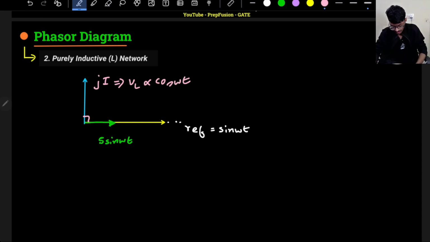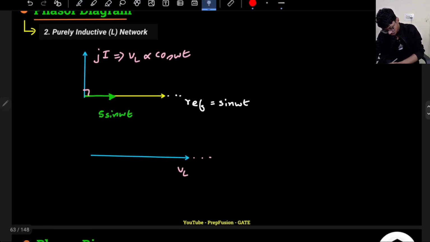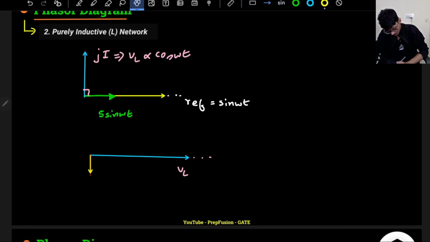Generally, most books take the voltage as reference. So they will take the voltage as reference on the x-axis, this will be my V_L, and the current will lag by 90 degrees. So they will show it like this, that here the current I_L lags by 90 degrees.